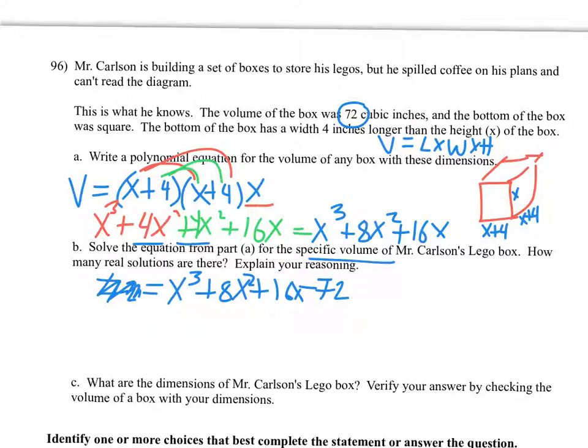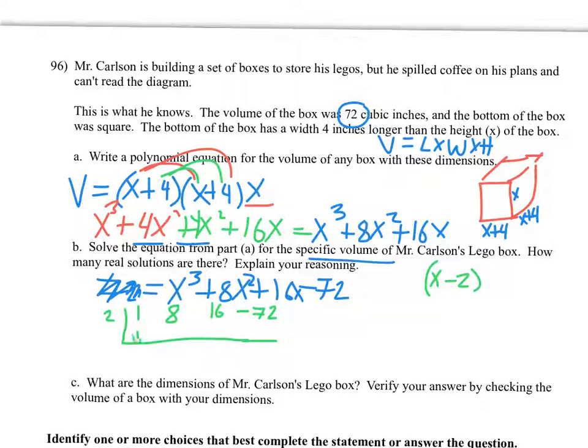So the second thing that I took was to figure out one of the zeros for this, and I figured that x equals 2 is a 0, which means that x minus 2 divides nicely into this. I'm going to do some synthetic division, and this will be 1, 8, 16, negative 72.